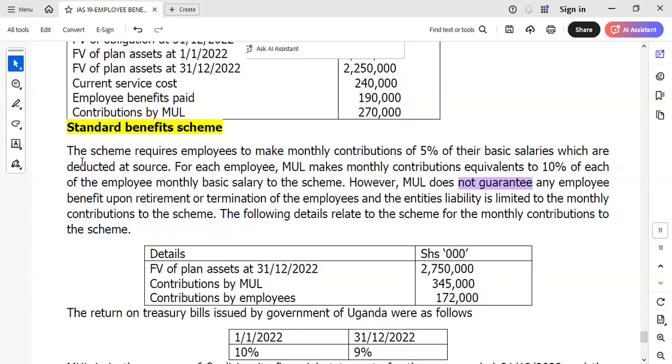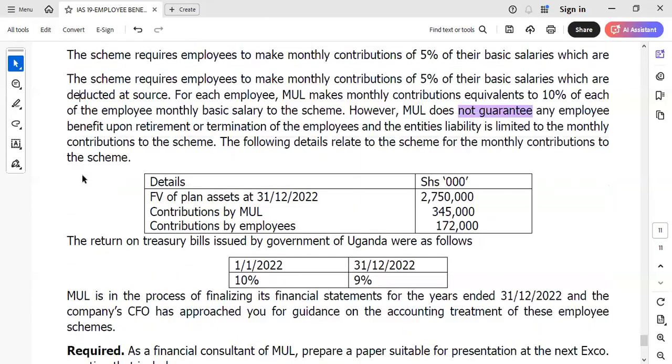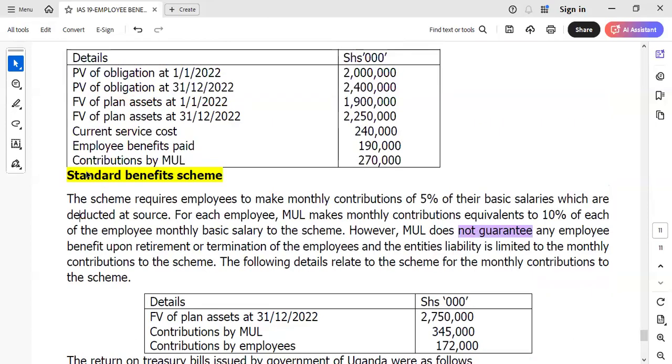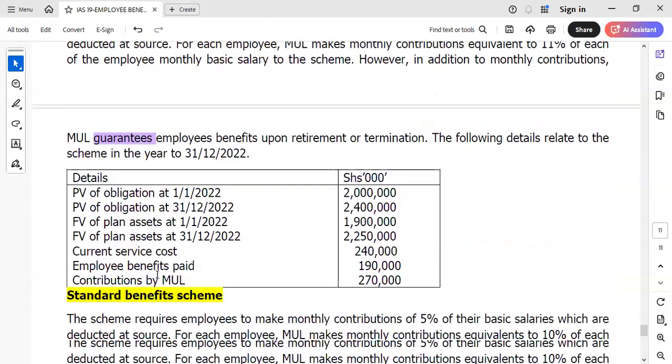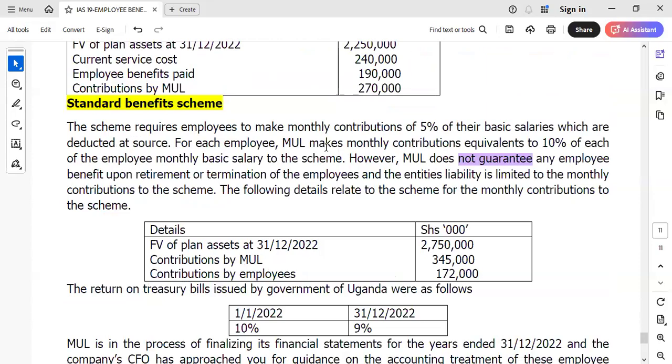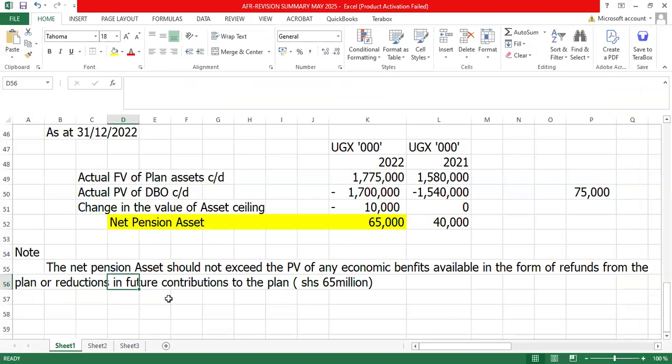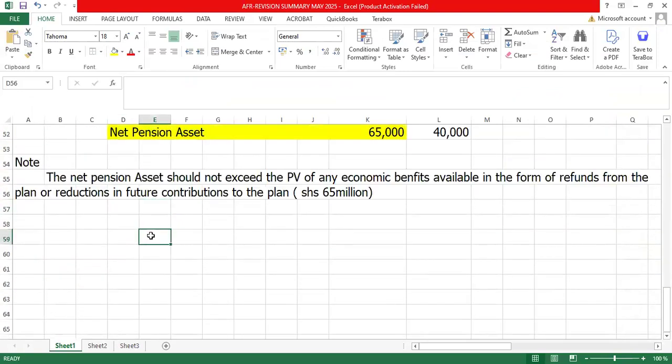So here you can now start answering, because now you can differentiate. Now you know that this is a defined benefit obligation, and then this one is the contribution scheme. But let's write something. Question 5. This is a good number for section B.